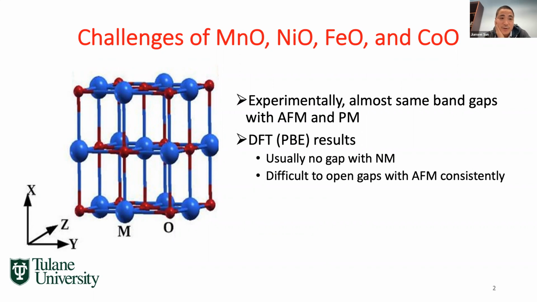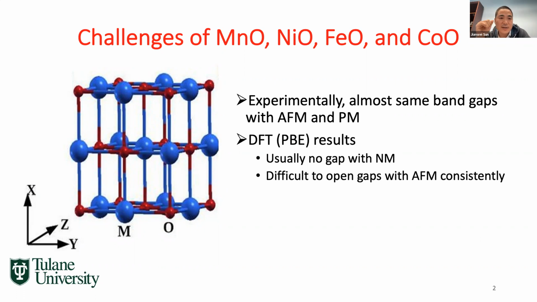These are the challenges presented by late 3D transition metal monoxides, for example manganese oxide, nickel oxide, iron oxide, and cobalt oxide. Experimentally, you can find band gaps for the long-range magnetically ordered antiferromagnetic phase, and when you heat the materials up across the Curie temperature to reach the paramagnetic phase, the band gap remains.